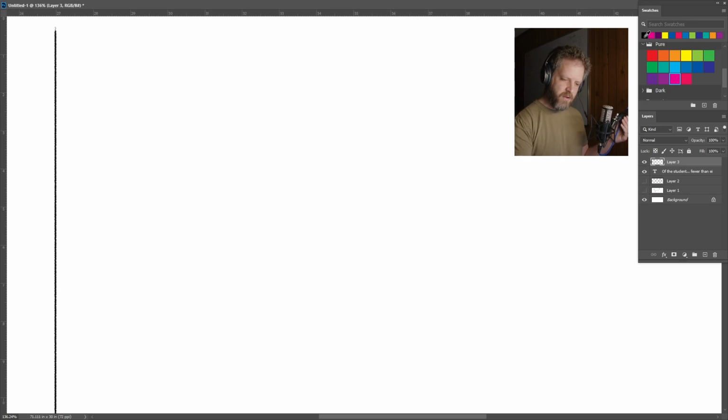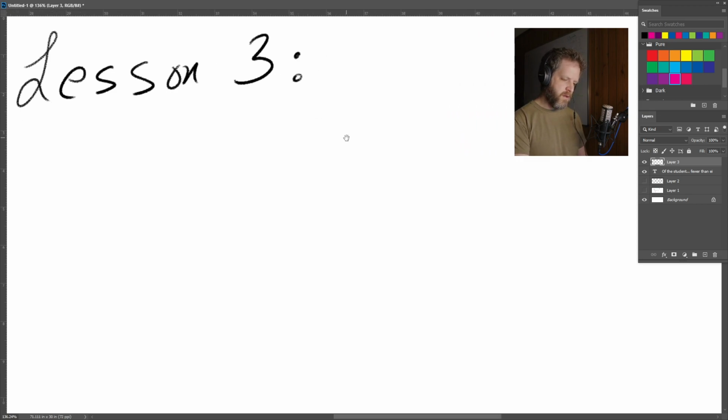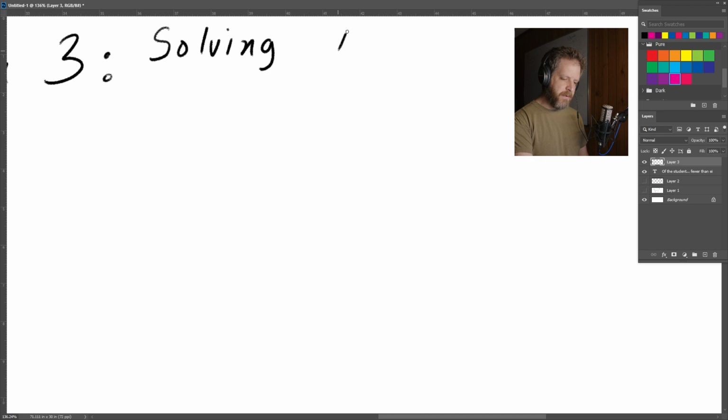This is going to be lesson 3. Solving multi-step.